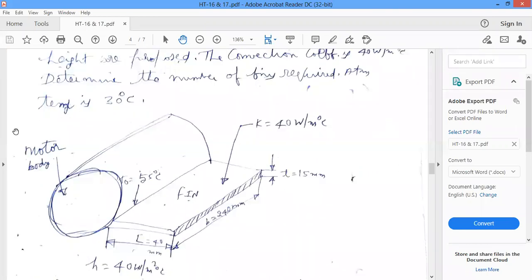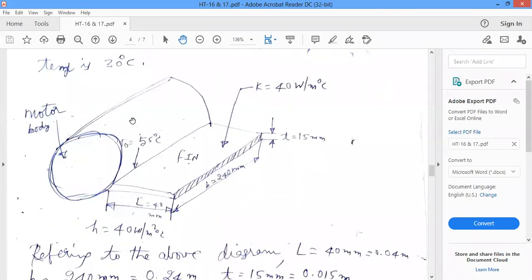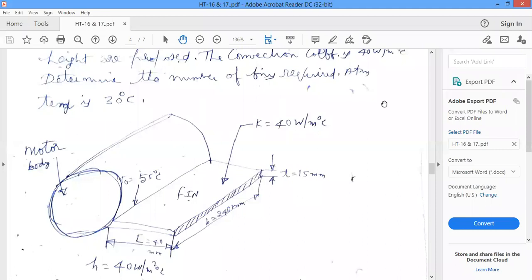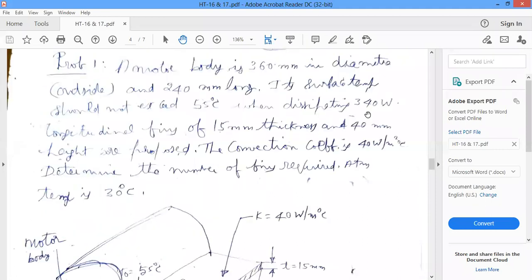If you provide a single pin, what is the heat coming out of this single pin? If you know the heat dissipated by a single pin, for example 10 watts, then 340 divided by 10 gives you the number of pins.